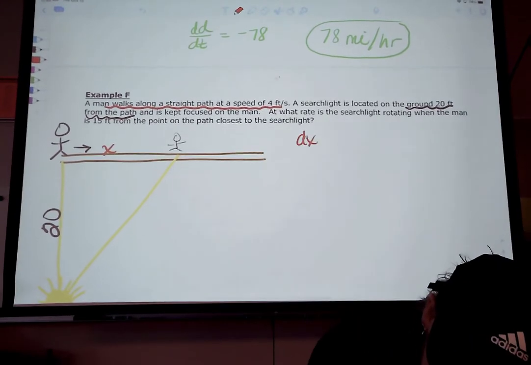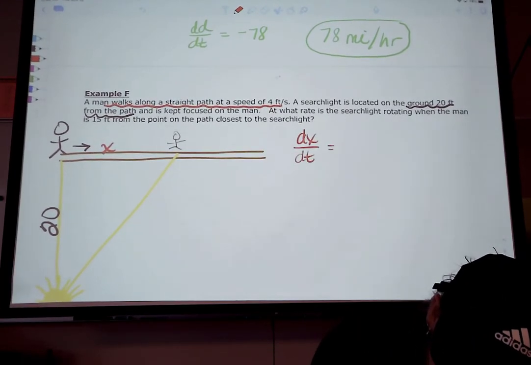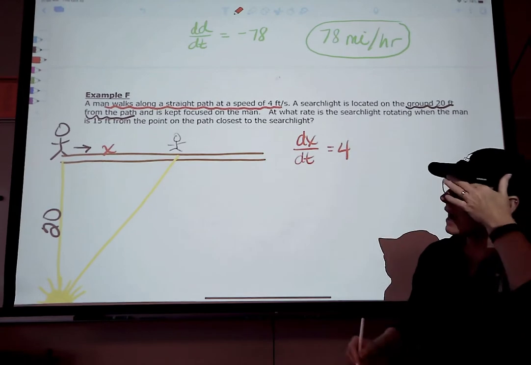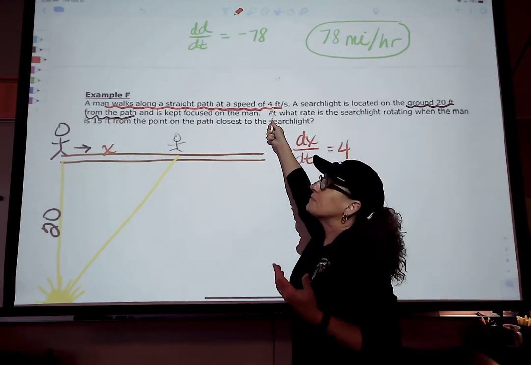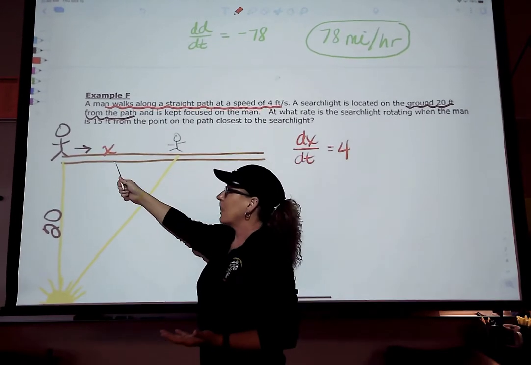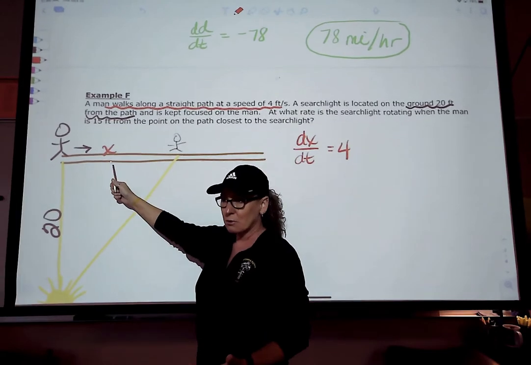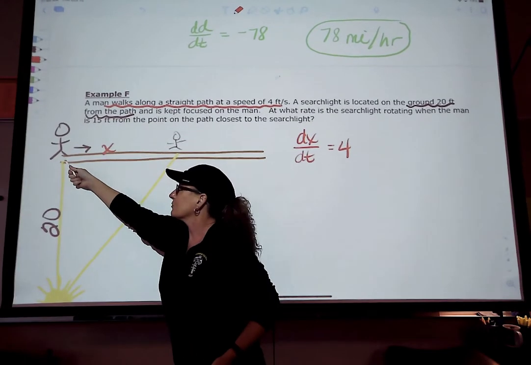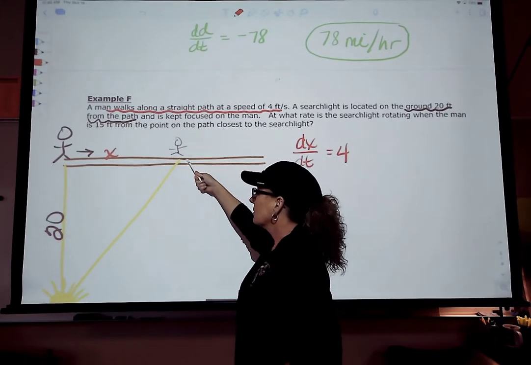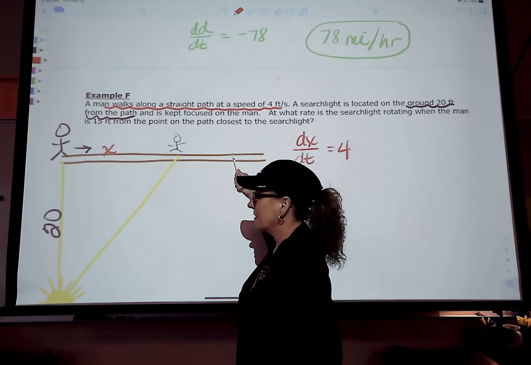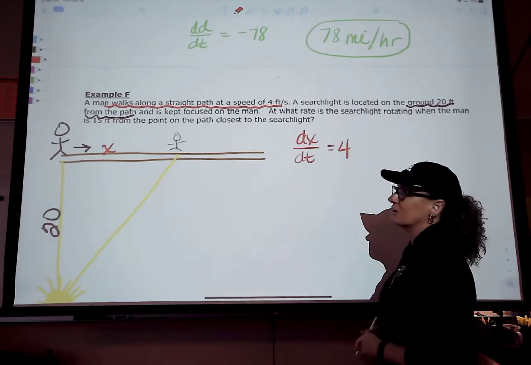So dx/dt is equal to 4, right? I knew I needed to write this as a rate of something. I just need to figure out what it represents. So it represents the distance from here, wherever he is along the path, and that's changing at a rate of 4.